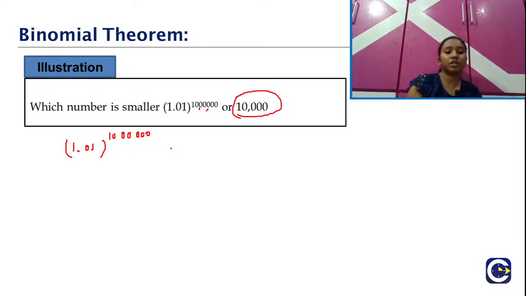So this 1.01 can be written as 1 plus 0.01. So now let's just expand this.